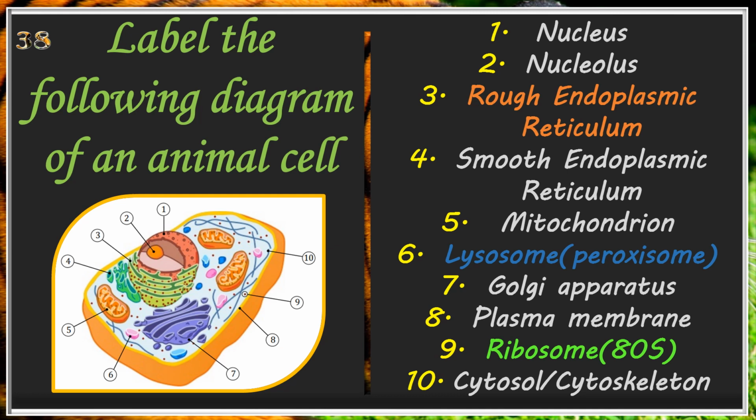Number 7, those are Golgi bodies. And number 8, that is the plasma membrane. Number 9, they are ribosomes. And then number 10, that is the cytosol, or what we call the cytoskeleton. They are not cytoplasm, but they are cytoskeleton or cytosols.